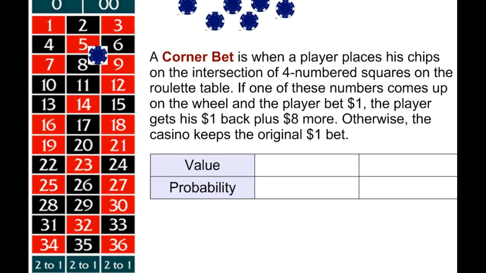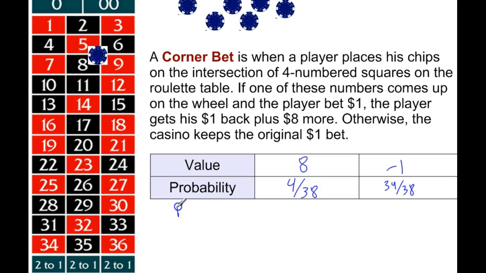So let's see what you would get if this was the case. If you win, you get $8. The probability of winning would be 4 out of a total of 38. Otherwise, you're going to lose your $1, and in this case it's going to be 34 out of 38.